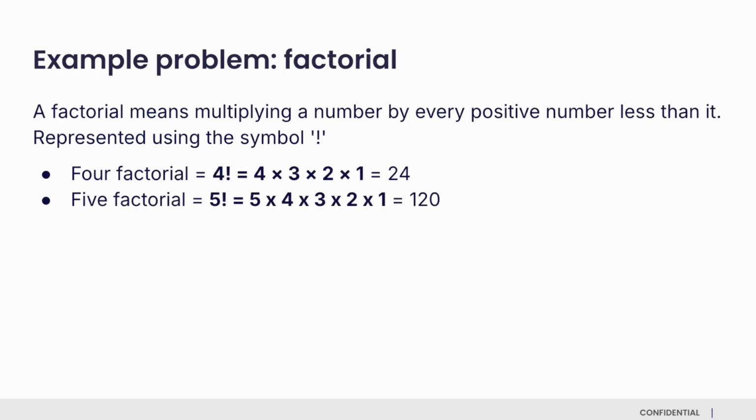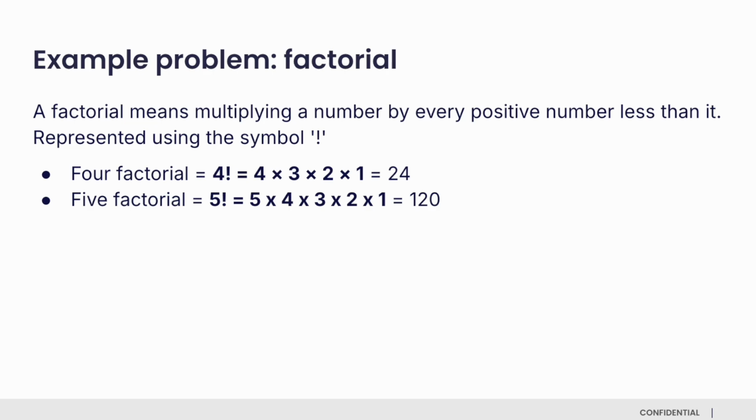Now that we understand the basic concept of recursion, let's apply it to a simple example of a factorial. So a factorial is represented by an exclamation mark after a number, and it refers to multiplying a number by every positive number less than itself all the way down to 1. So if you look at 4 factorial, that would be written as 4 exclamation point.